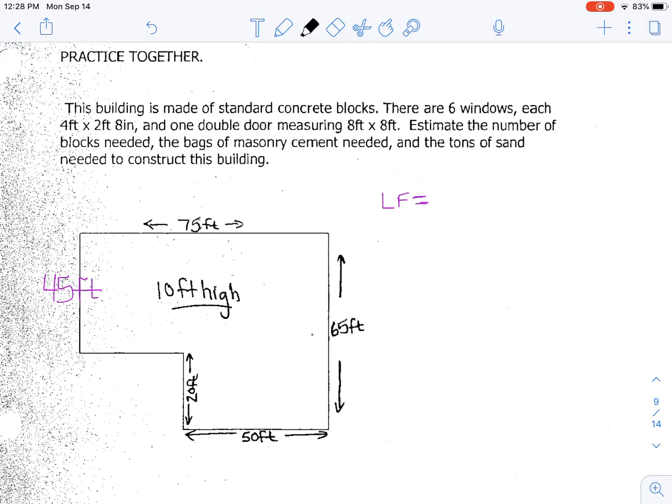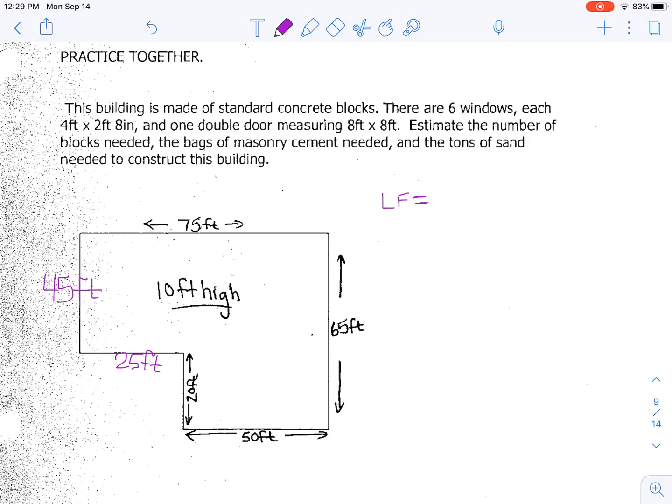And then we can also find this missing dimension by doing a similar thing. If it's 75 feet and this piece is 50, it's a simple subtraction. 75 minus 50 is 25 feet. Okay? So the linear feet would be all of those dimensions added together, because remember, this is sitting down on the ground.